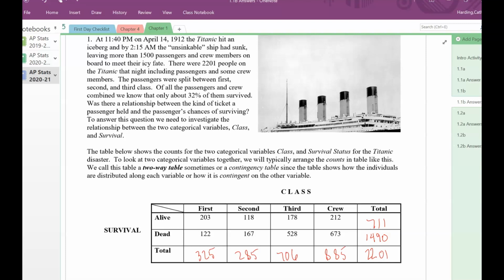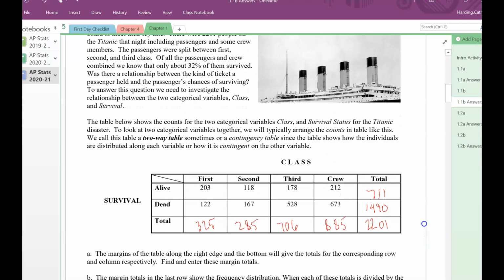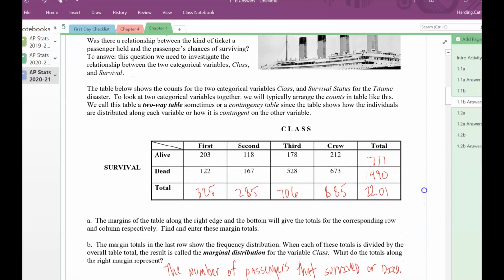There were 118 second class people who survived. And then what's missing in the table, and I have filled in mine, is the totals in the rows and in the columns. So if you total across, there are 711 people who survived the Titanic.